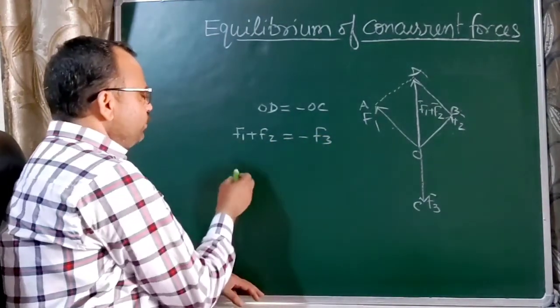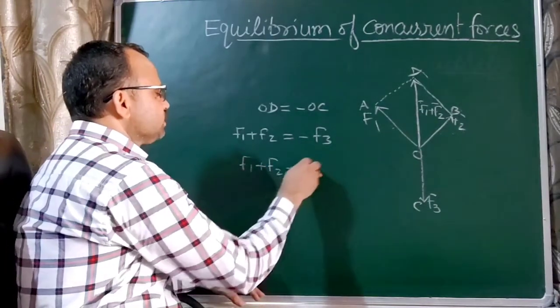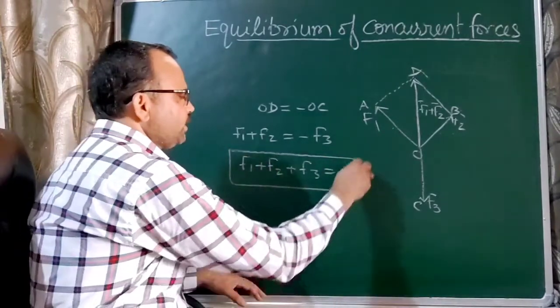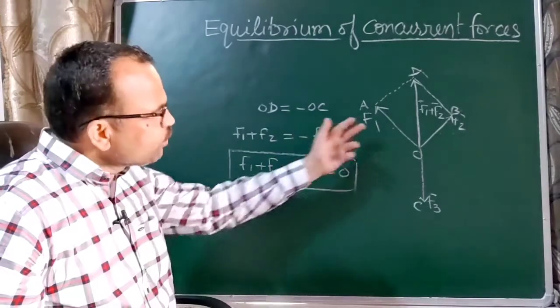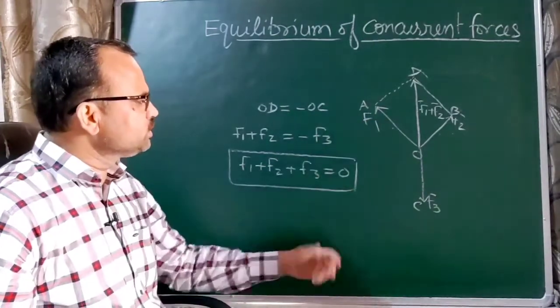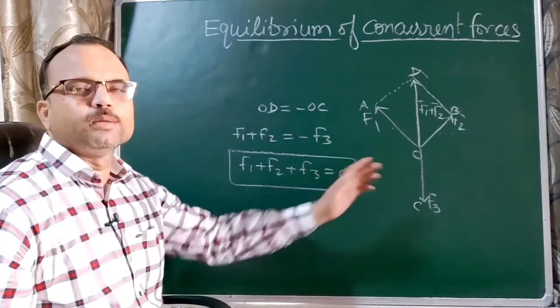This can be written as F1 plus F2 plus F3 is equal to 0, right? So we can say that if a number of forces act on a body and the resultant of those forces is 0, then the body will be in equilibrium.